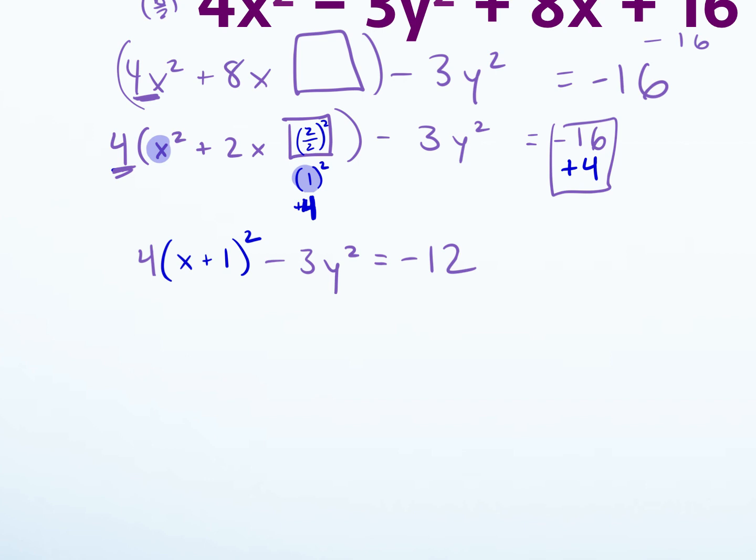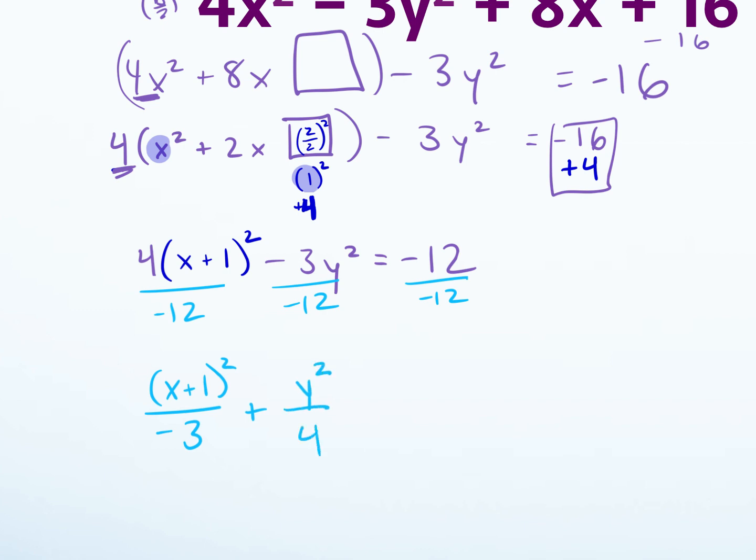Divide everything by negative 12. So simplify if you can. That would make our first fraction have what in the denominator? Negative 3. Then it changes to a positive y squared over what? 4. That's equal to 1.